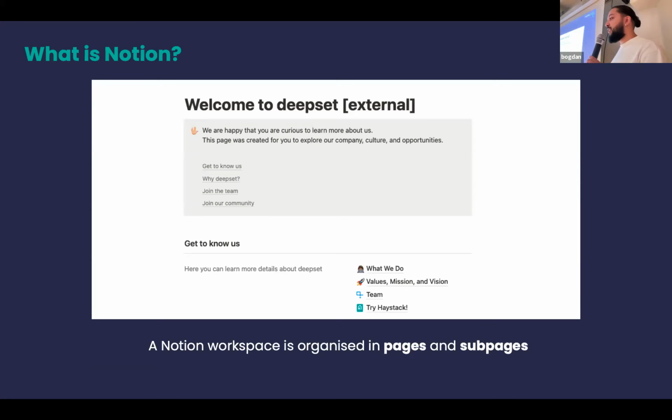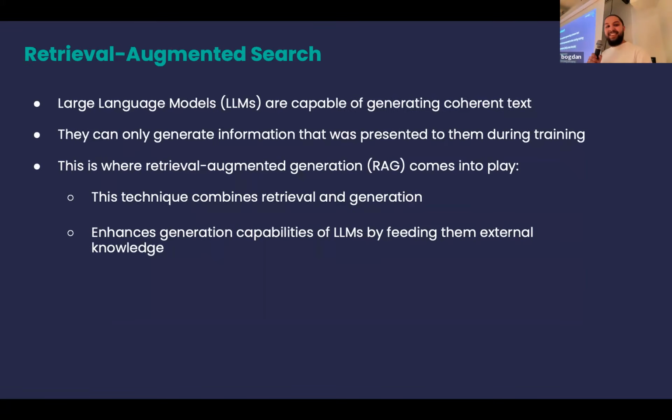And this is where things get complicated, because you can embed pages into pages into pages, and then it might get difficult to find the relevant information. This is where retrieval-augmented search comes into play.